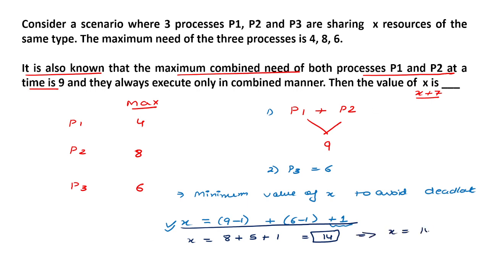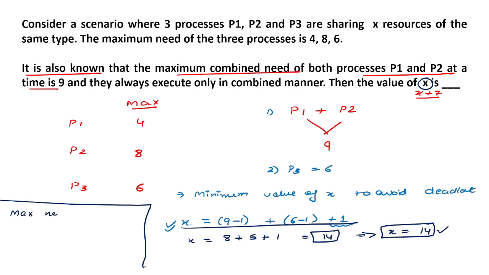X equals 14. If the question only asks you to find the value of X, then you have to stop here. But if they ask you to find the value of X plus 7, then you have to add it.